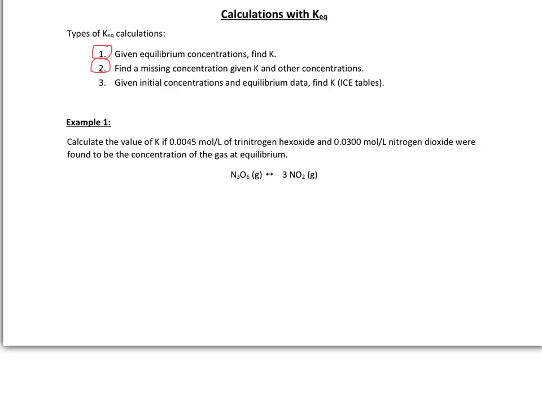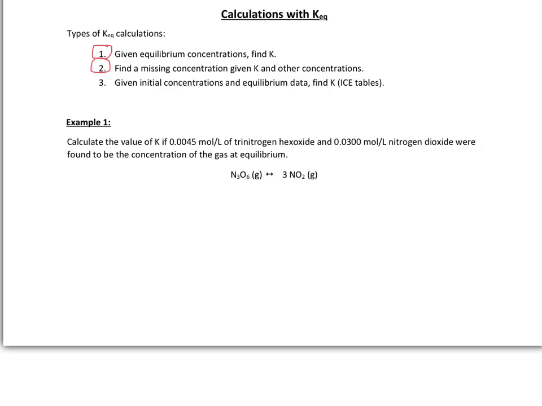Example number 1. Calculate the value of K if 0.0045 moles per liter of trinitrogen hexoxide and 0.0300 moles per liter nitrogen dioxide were found to be the concentration of the gas at equilibrium. The first thing we would need to do is scan our equilibrium to see if there's any solids or liquids.